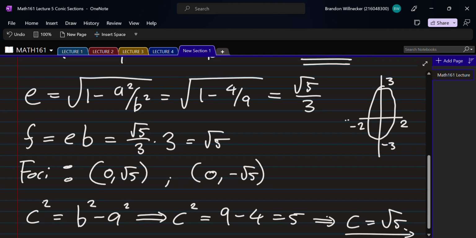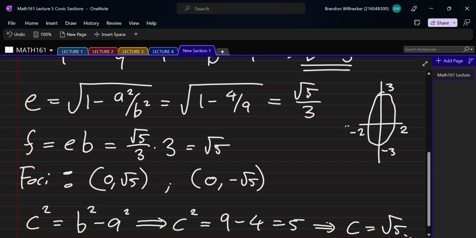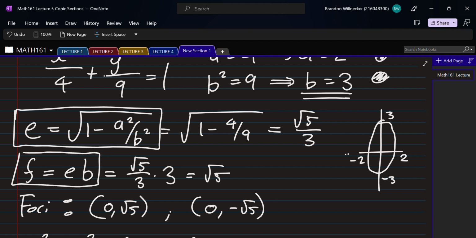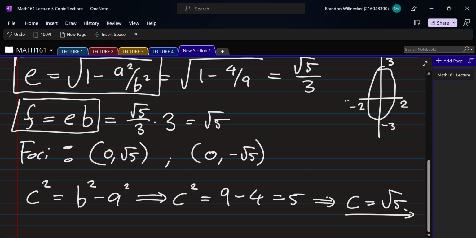This just comes from rearranging the expression for the eccentricity and then substituting it into the expression with f, and then we can calculate this value c. Now remember that we need to take the square root, so here we took b squared minus a squared so that we got a positive number.